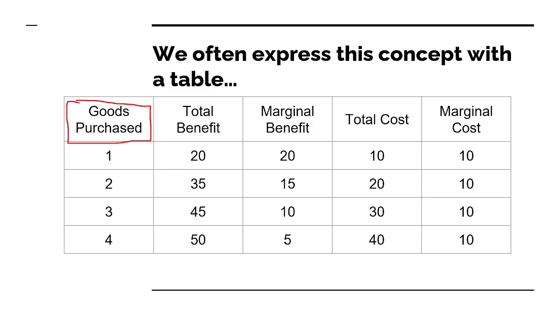The units, the marginal benefit, and the marginal cost. Oh, no, the marginal cost is here. My bad. And then sometimes we'll get this total benefit and total cost as well. And this is how we often express this idea.